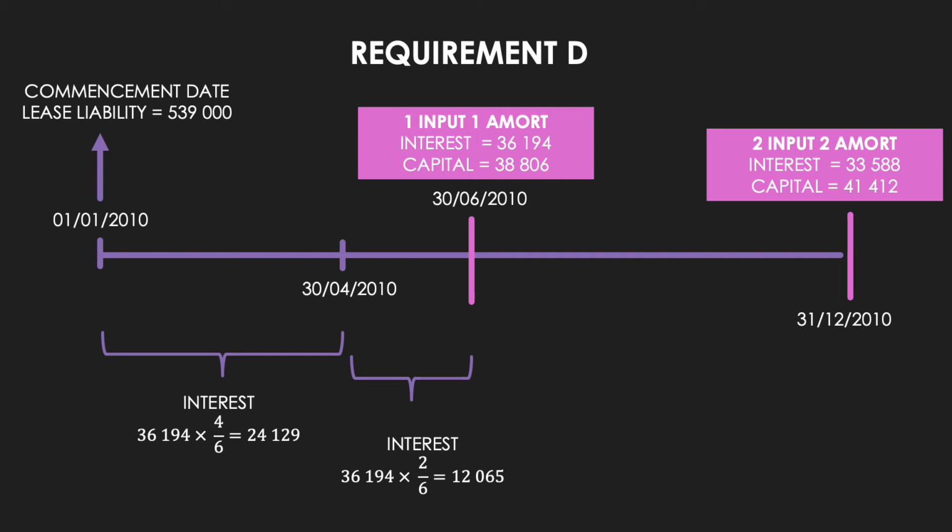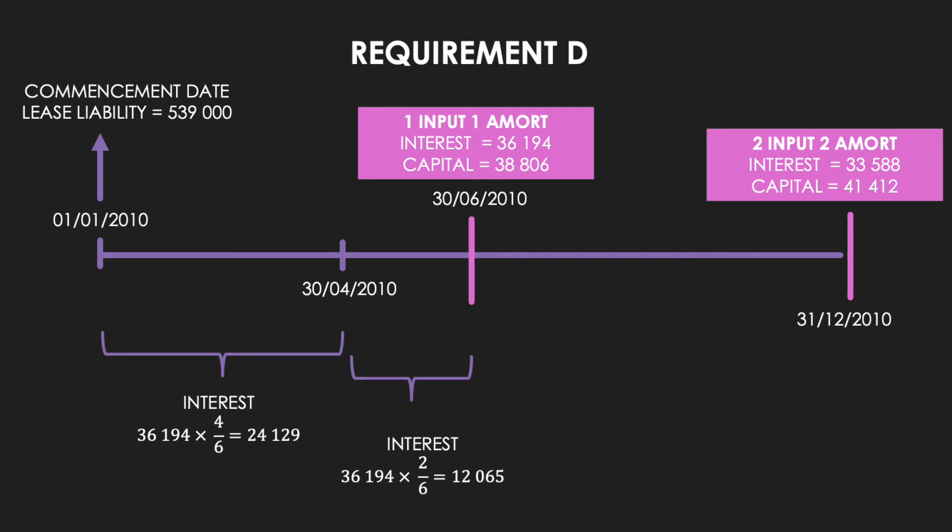So if you once again take the PV of your lease liability of 539,000 Rand, and you say 2 input 2 shift amort, you can then see the split in that payment between the interest and the capital. So the interest amounts to 33,588 Rand and the capital amounts to 41,412 Rand.